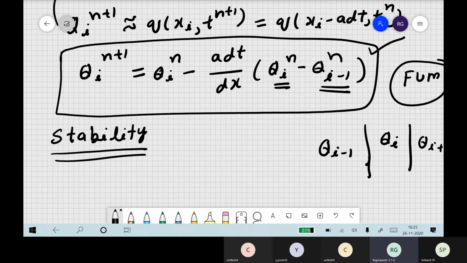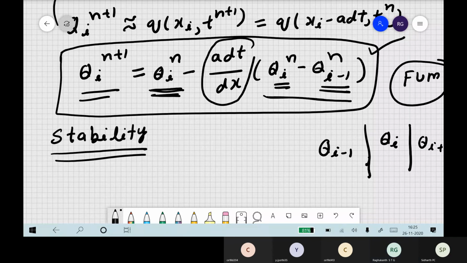This is a future value, so the future is a function of the present value, then the difference between the two cells. Anyway, this we cannot handle. So what is the most important thing which governs stability? You followed: a dt/dx.